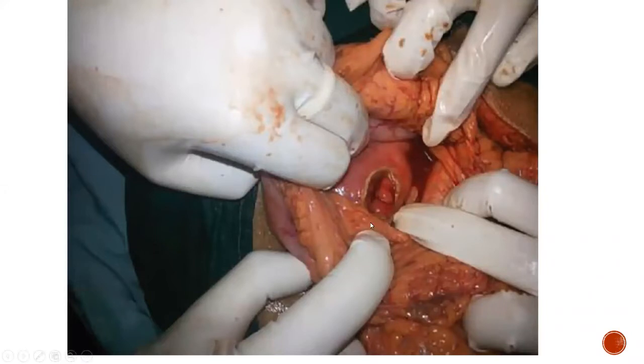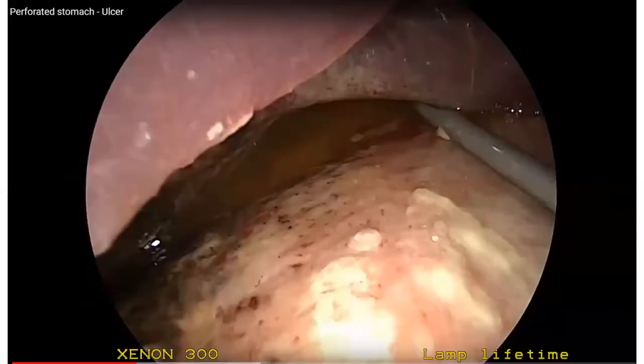Here the ulcer perforation, and the laparoscopic approach.